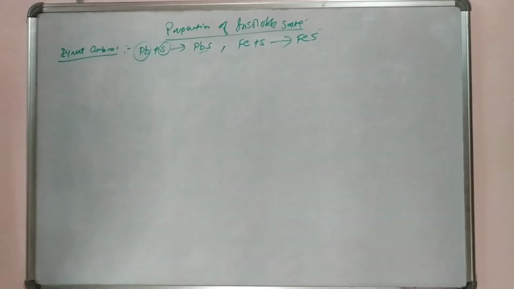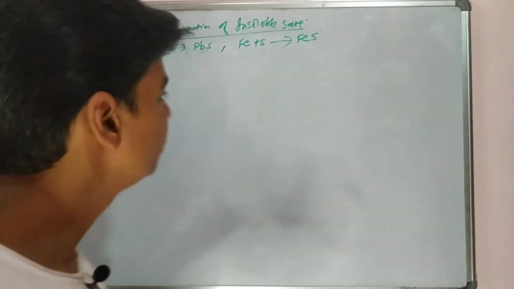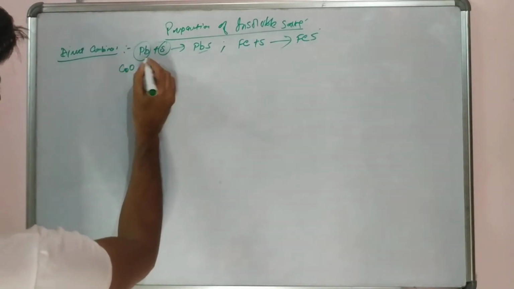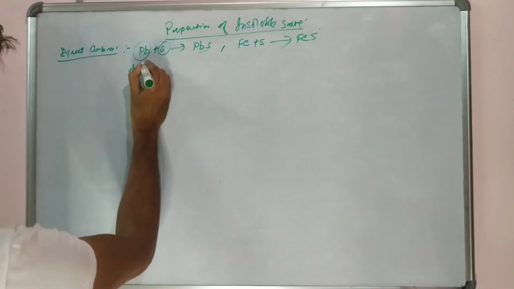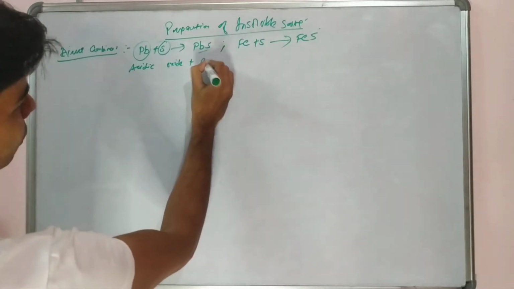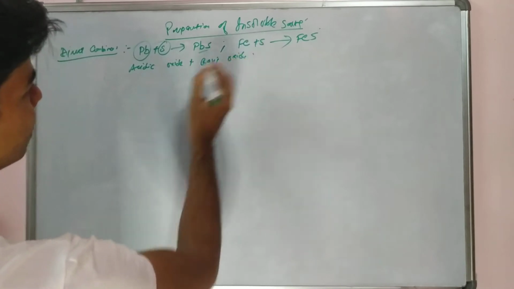Now there is another way to prepare insoluble salts. We can combine, by reacting, an acidic oxide with a basic oxide like calcium oxide.